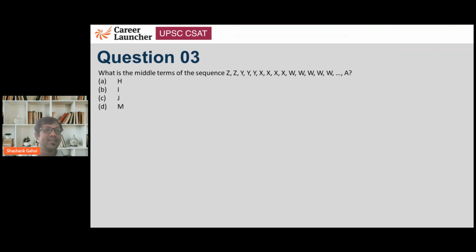The question is talking about what is the middle term of this sequence. Okay. So if you look at this very closely, Z is the 26th letter. It is appearing twice. Then let's talk about Y. Y is the 25th letter and it is appearing thrice.